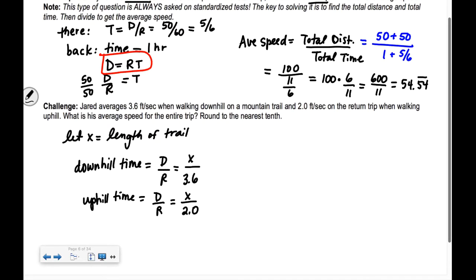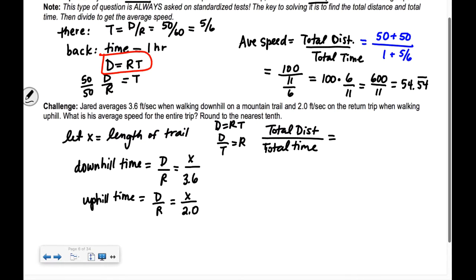So what it does is it makes this complex fraction, because we take our total distance and divide by our total time. I keep writing time on top. Total distance, and we divide by our total time, right? Because we're thinking distance equals rate times time. So distance divided by time gives our average rate.